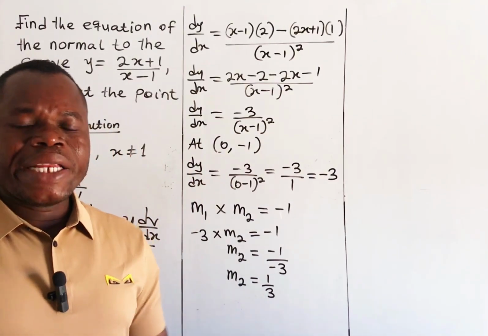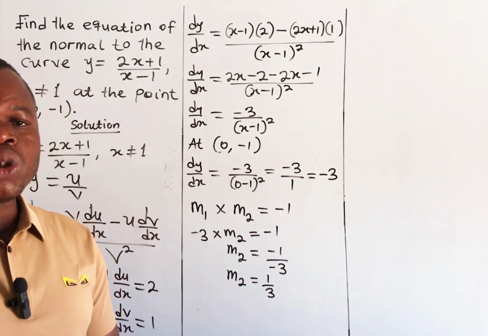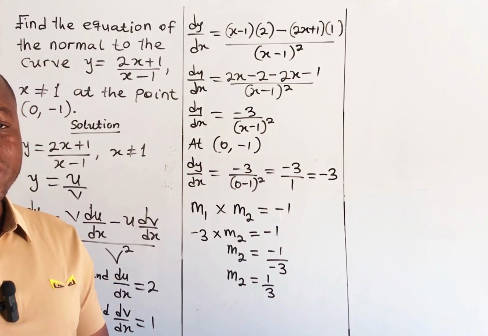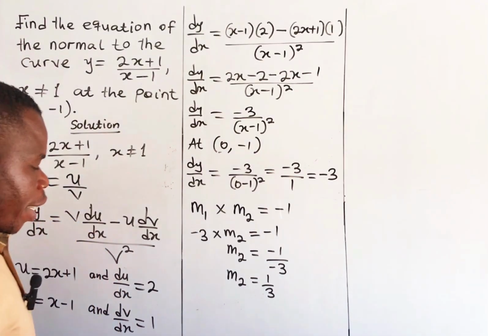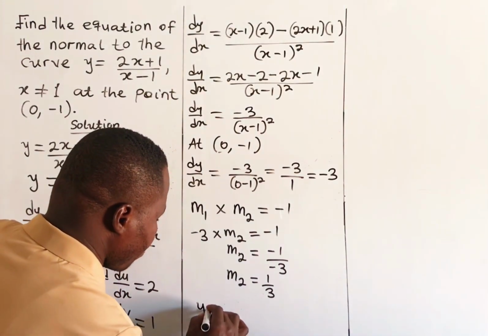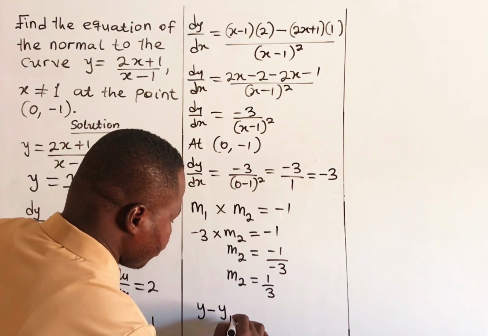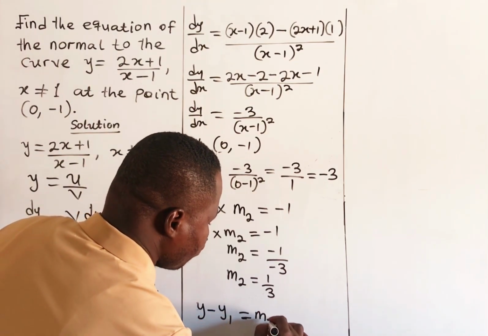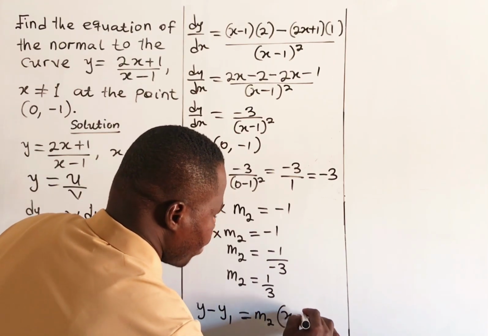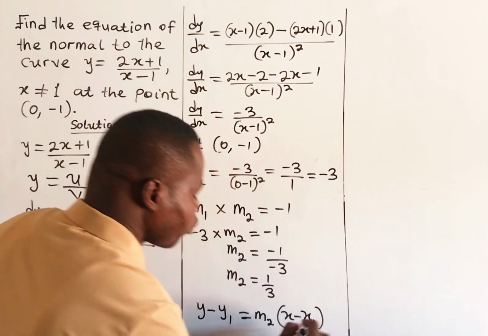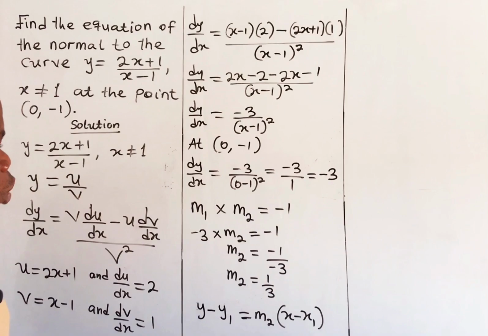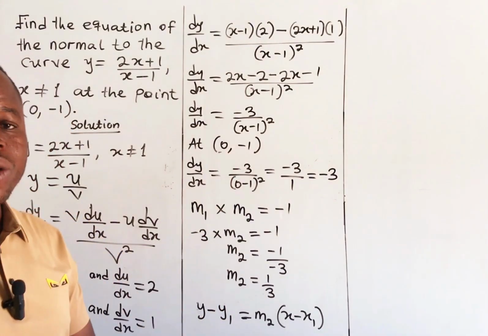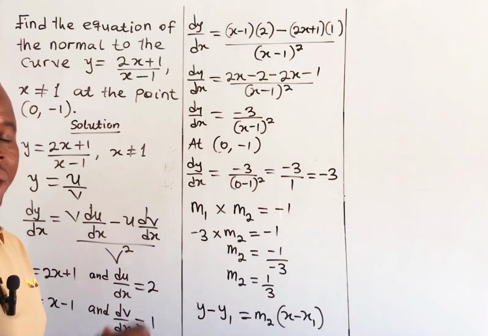We can now find the equation of the normal using the straight line equation, especially when you know your gradient. And that one, we say y minus y1 is equal to gradient m, so in this case m2, into x minus x1. Now, the point that you have in the question represents your x1 and y1.